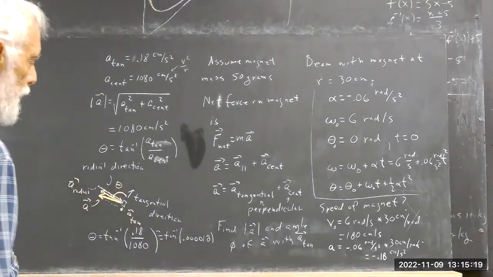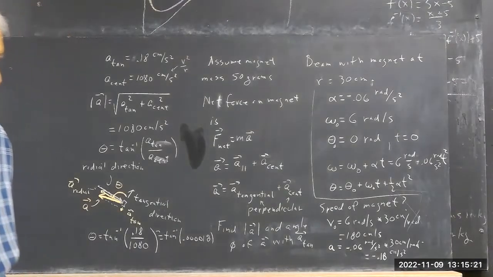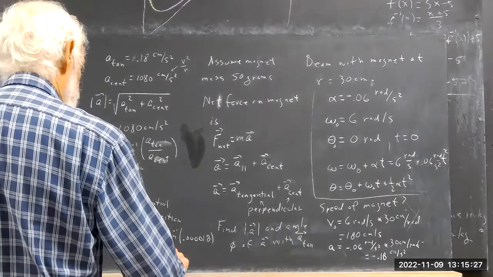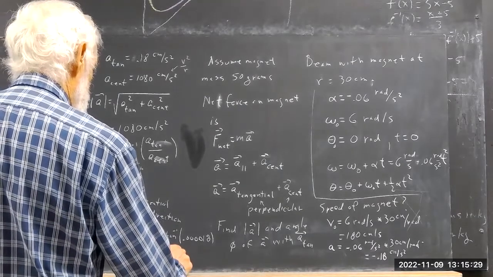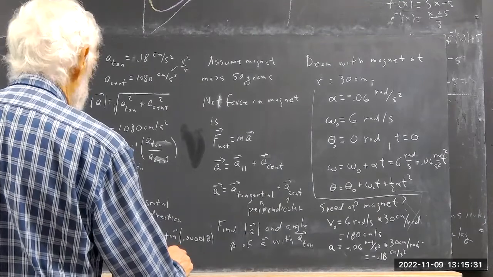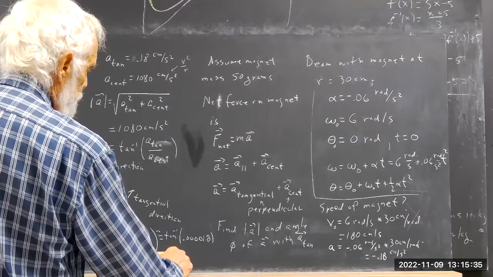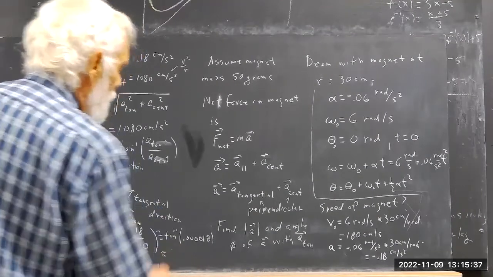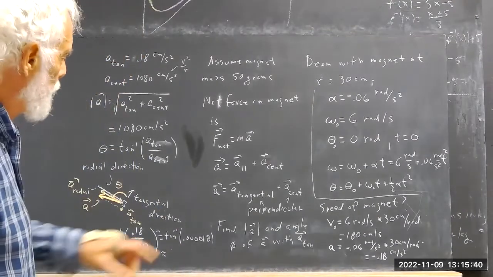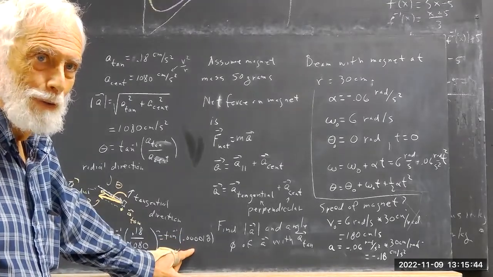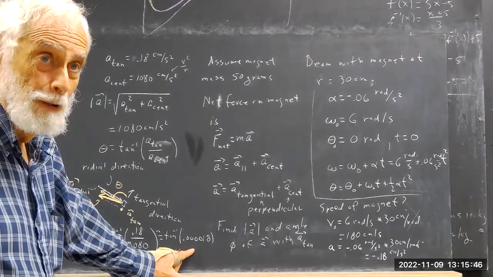So it's about that. It's going to differ from 90 degrees by this many radians. Well, we can work that out. It's going to be a really small angle.